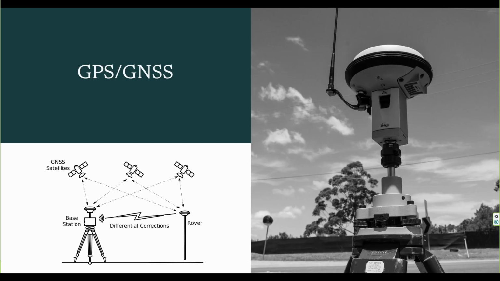The last observation type is the global positioning system, or more generally, global navigation satellite systems. Satellites in the GPS system orbit around the Earth and transmit a radio signal continuously.